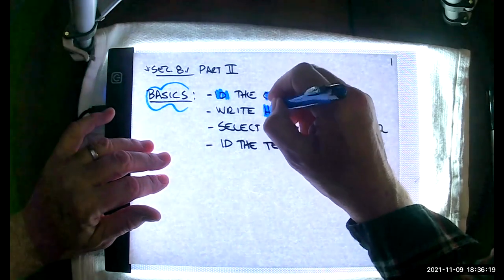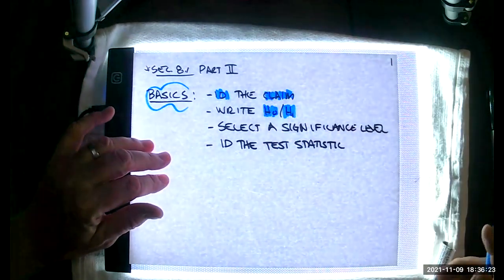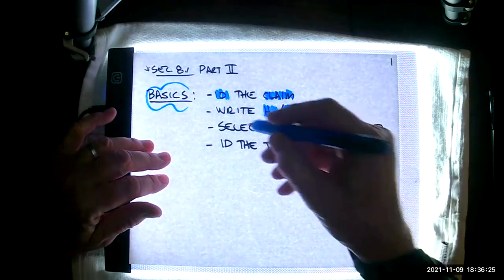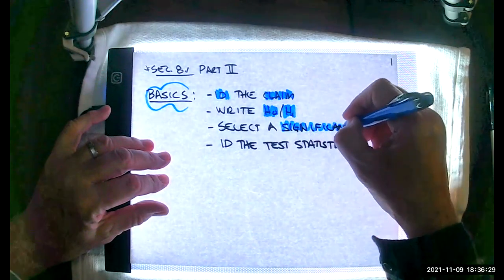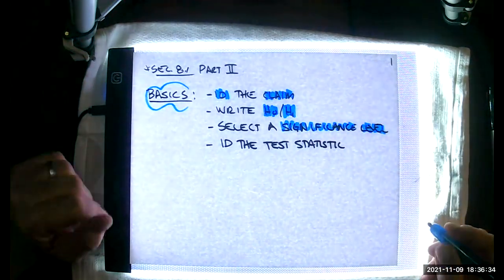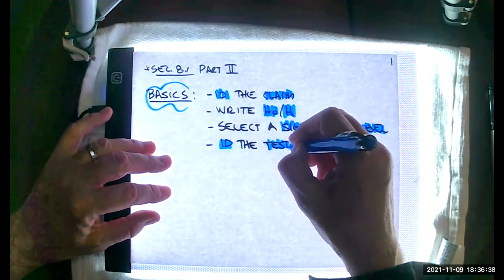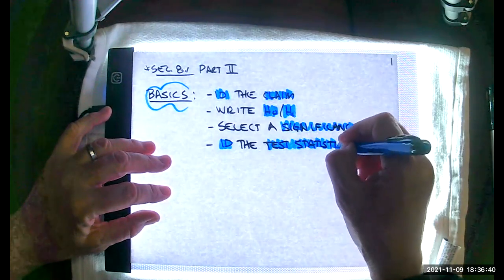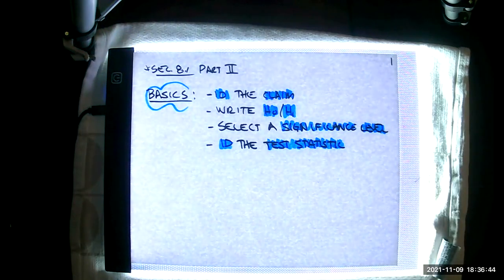That will enable us to write both the null and the alternative hypothesis. Then we'll select a significance level, and I'll remind people of some of the notation in just a moment. And then once we've done that, we can identify or calculate that test statistic. And this test statistic is how we determine what to do with our particular test.